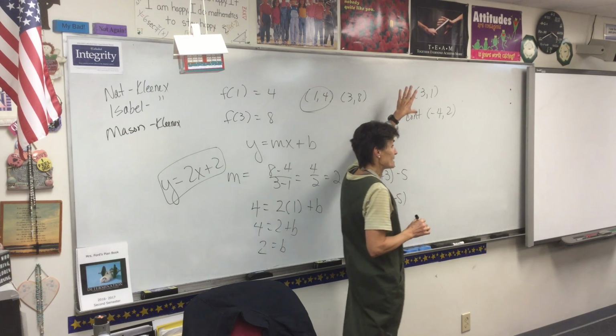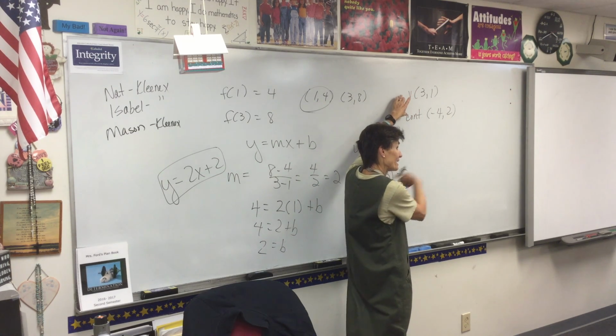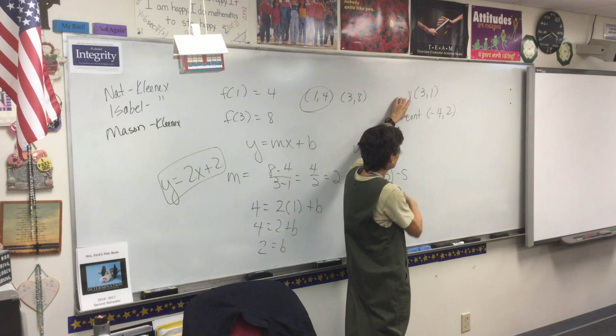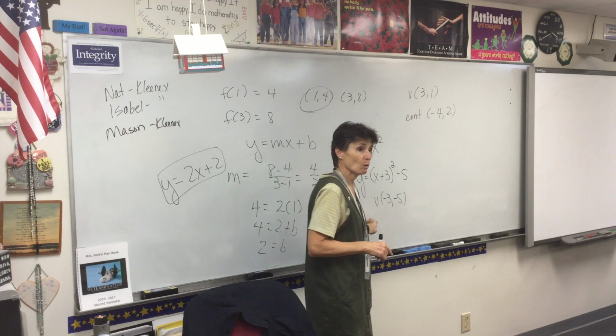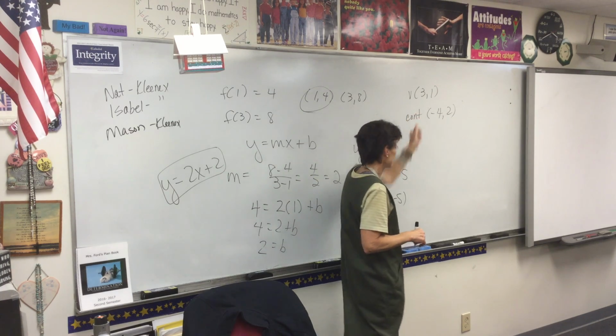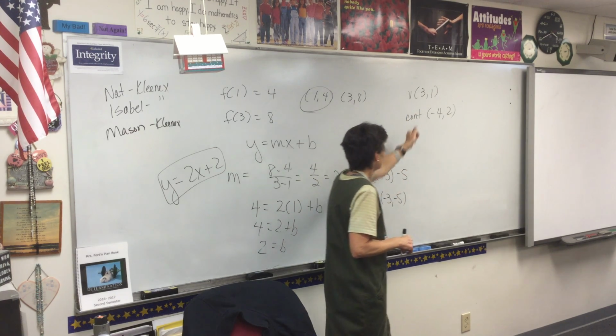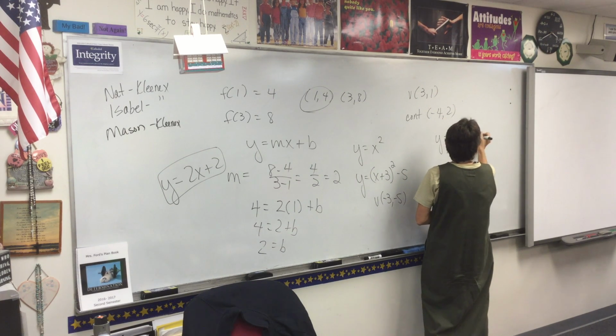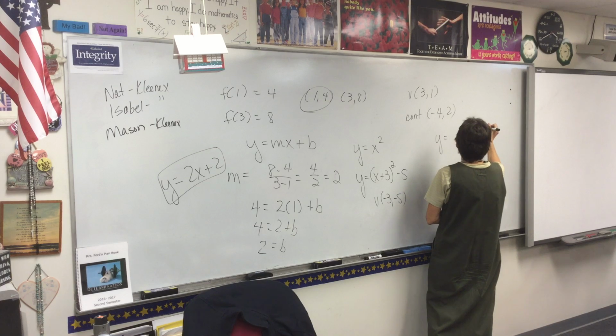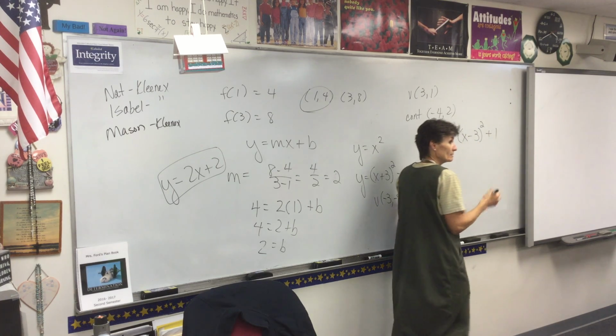So when you're writing your own quadratic function, parabola, if the vertex is at 3, 1, what's that equation going to look like? y equals (x minus 3) squared plus 1.